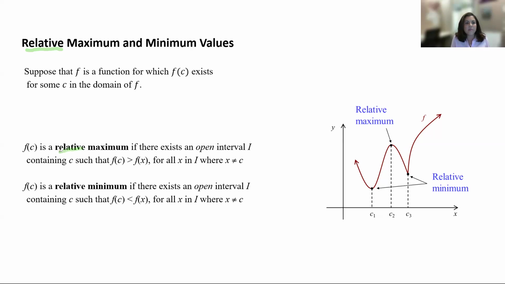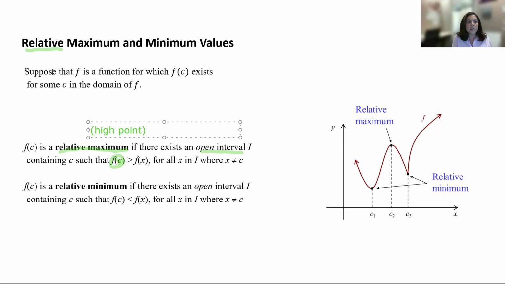We have a relative maximum if there is, again, an open interval such that that y value, f of c, is greater than all of the other y values in that interval. I like to think of it as just a high point. So we're looking for a high point on the graph.